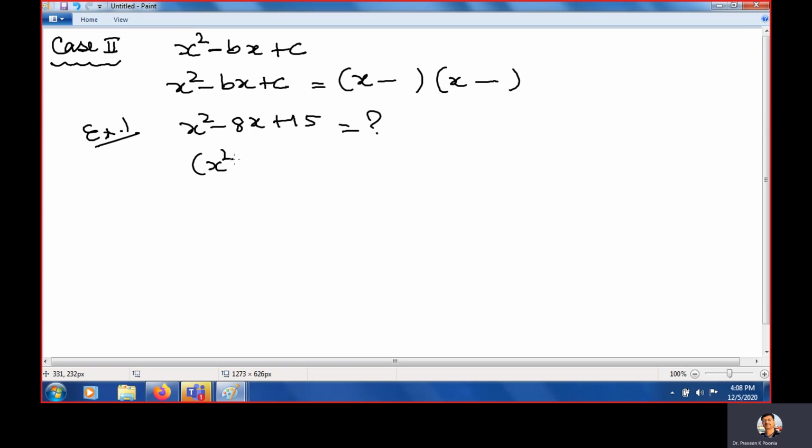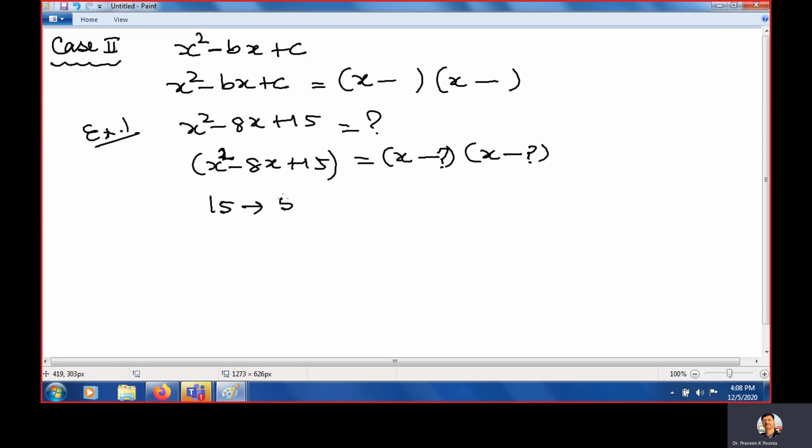So x square minus 8x plus 15 is equal to x minus and x minus. You only need to write the numbers here, whatever numbers come. So after doing this, let us find the factors of 15.